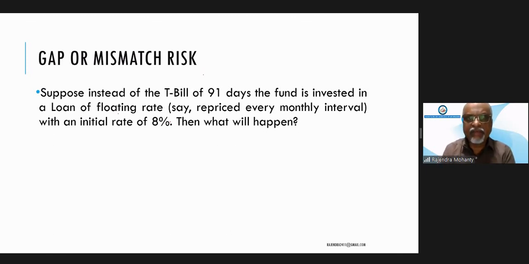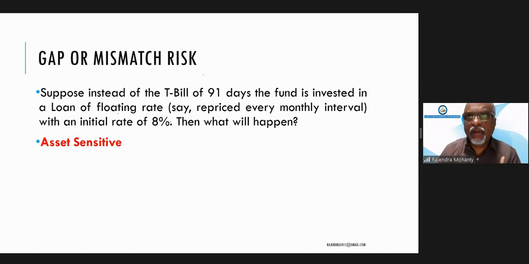Then the liabilities duration. So in such cases, what happens? We call this an asset sensitive position, because the asset rate is changing more frequently than the liability. So this position can be called an asset sensitive position.